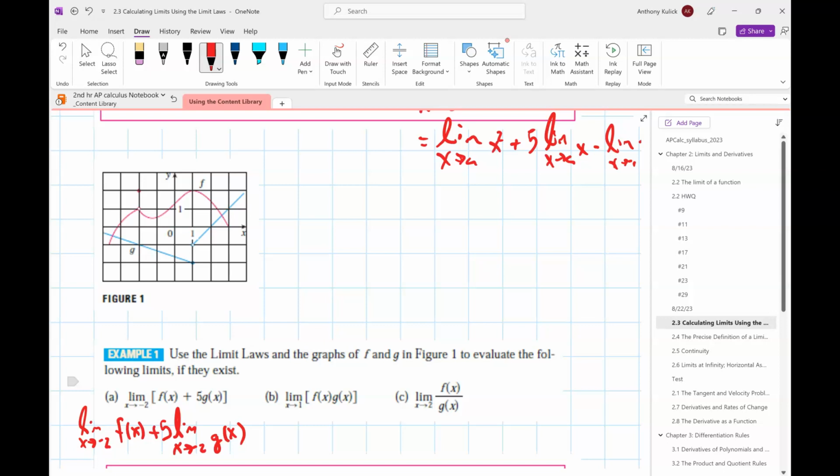Now I can go to my graph. If I look at -2, which is right here, the limit as x approaches -2 of f of x appears to be that value. Does everybody agree there?